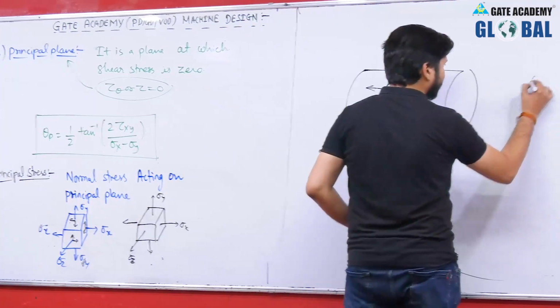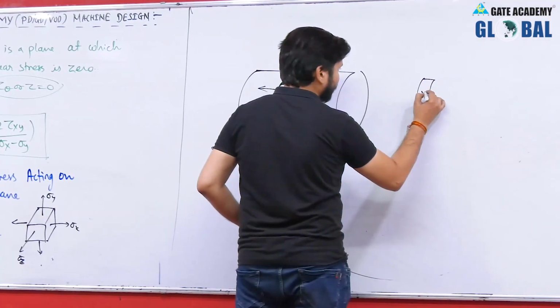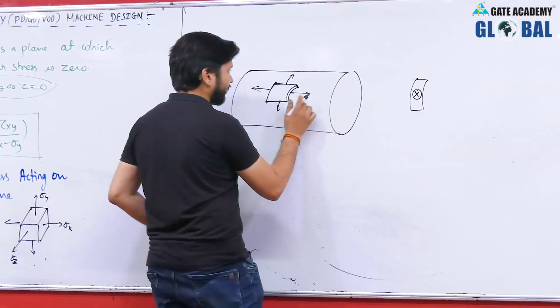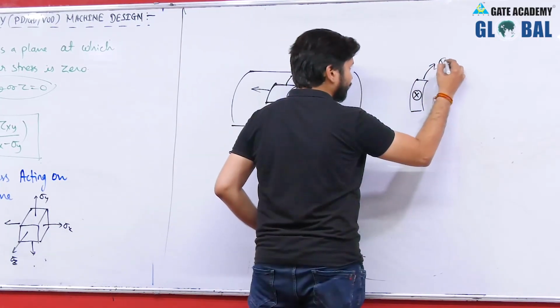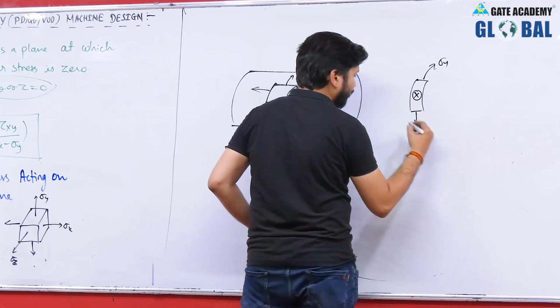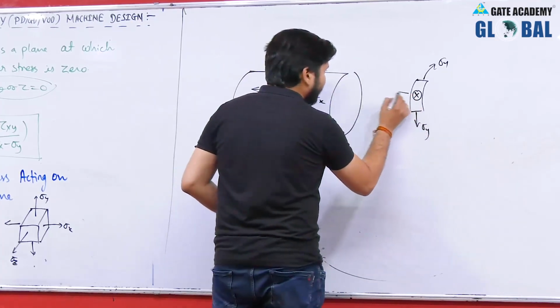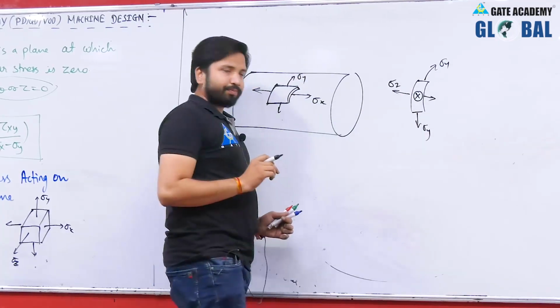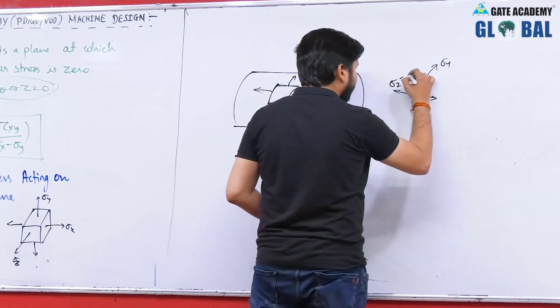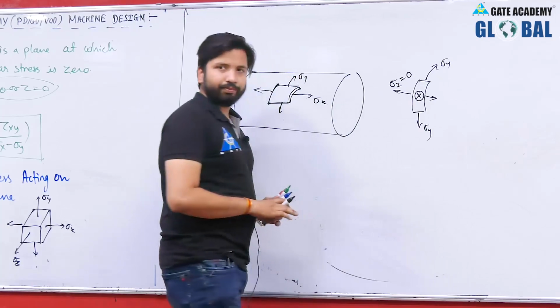Now, if you see the side view, this is the stress acting along the x direction, and this is the stress along the y direction, basically sigma y. Now, in the z direction there will be no stress. So, sigma z is 0.